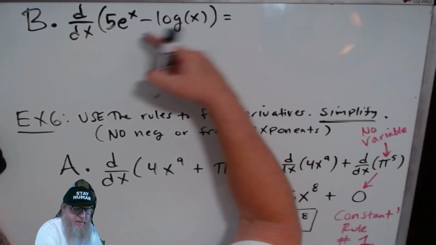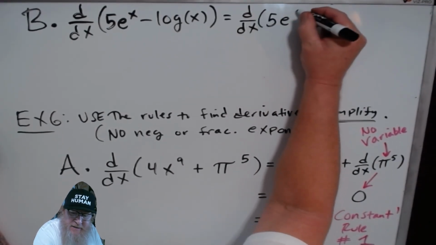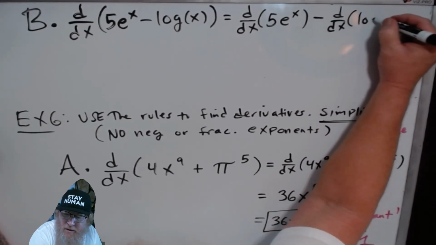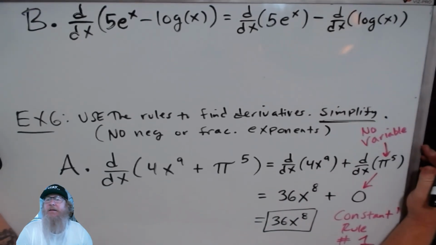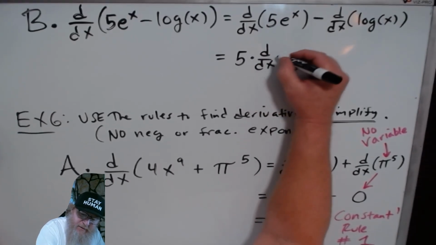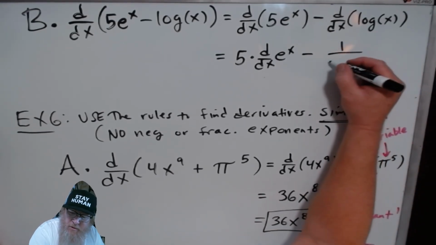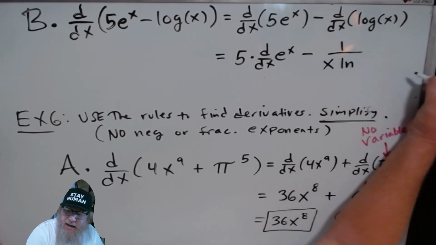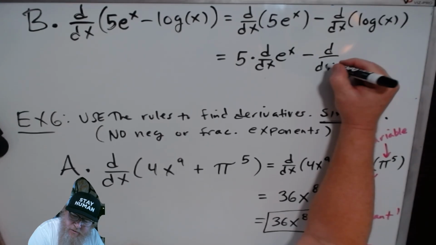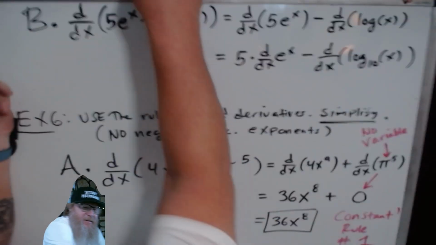So, difference. So it's going to be the derivative of 5e to the x minus the derivative of log of x, which is going to be 5 times the derivative of e to the x minus 1 over x ln. Here, I'm going to write it out one more time just because I have room. Log base 10 of x.